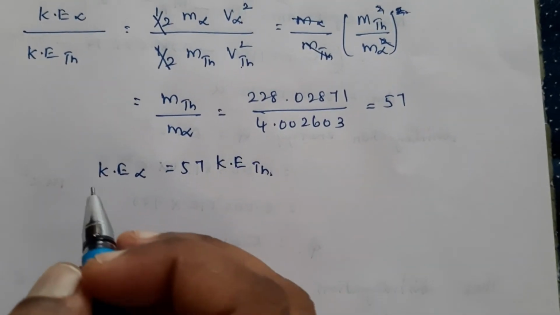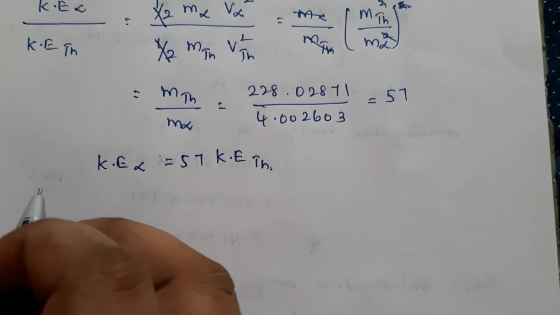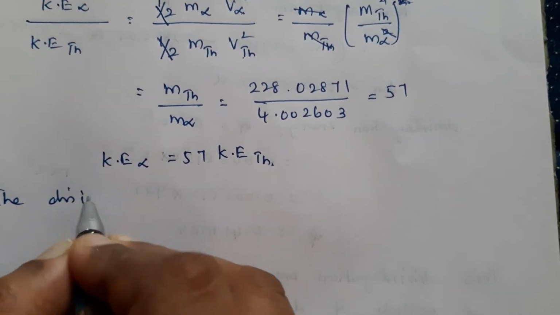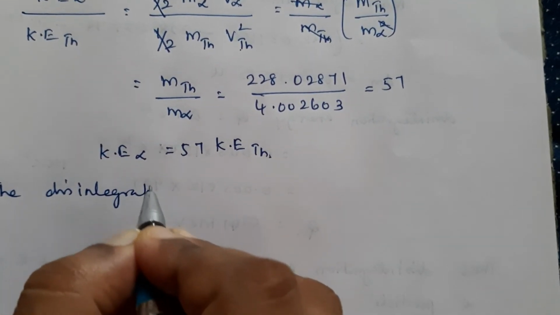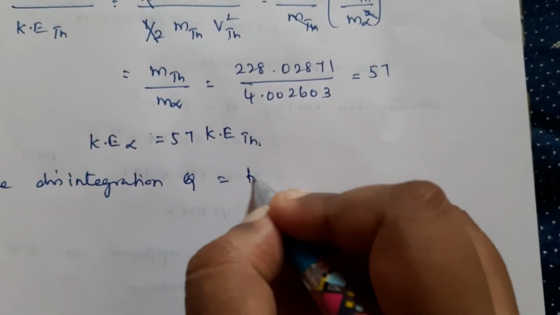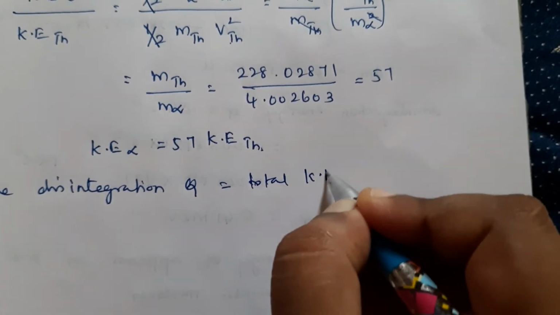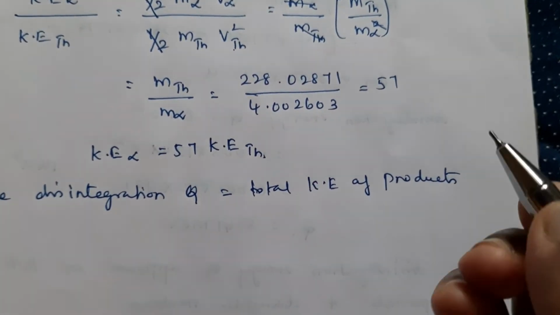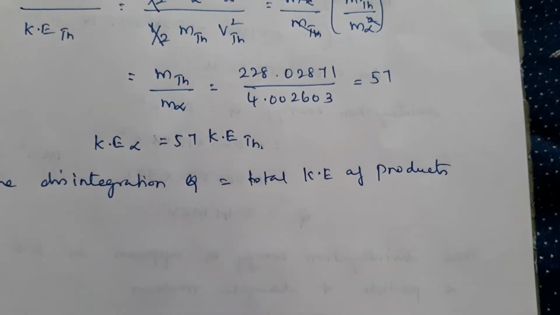Now, the total disintegration energy Q is equal to the total kinetic energy of the products, because we want to find the kinetic energy of thorium.